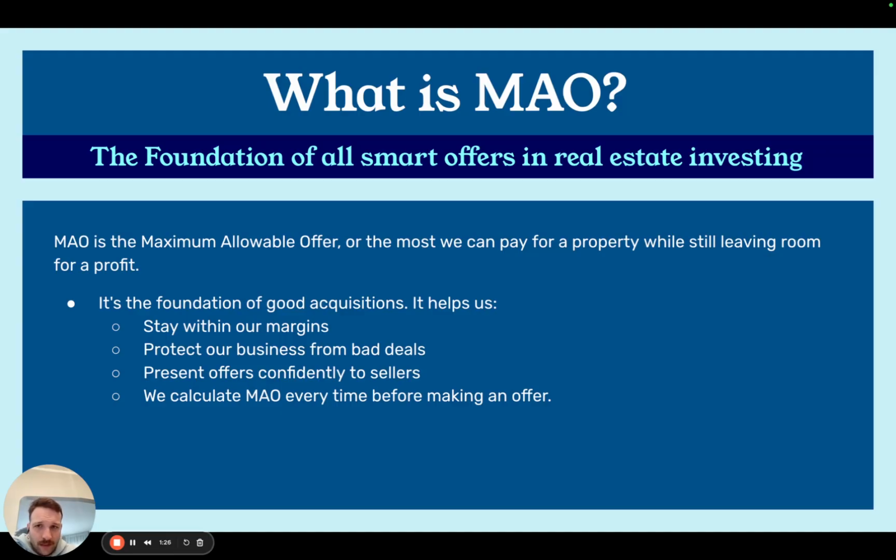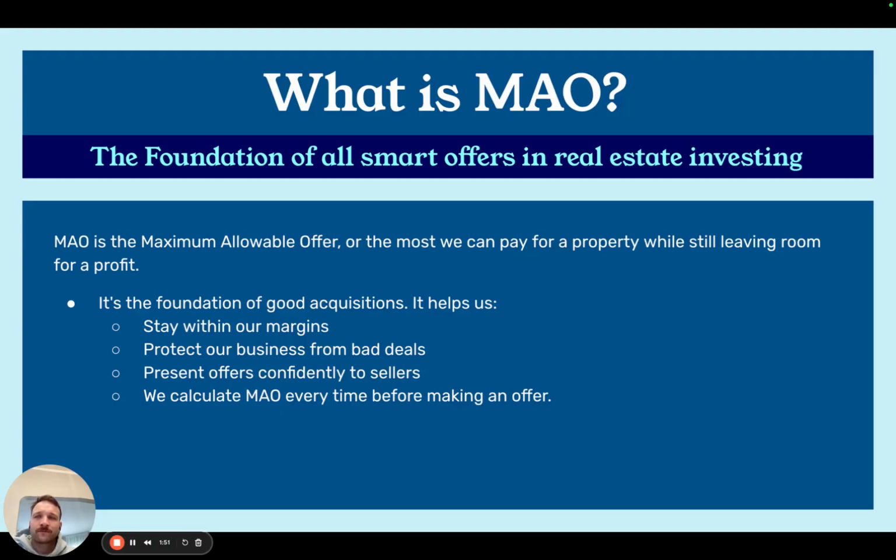It helps us with staying within our margins, right? There's an emotional aspect to this where you want to go a little bit higher, but knowing what your maximum allowable offer is allows you to stay within your margins so you can focus on the deals that make the most sense for you. Like I said, it protects our business from bad deals, getting into things where it's just going to be a time drain, where we're not going to make the profit that we'd want on the deal.